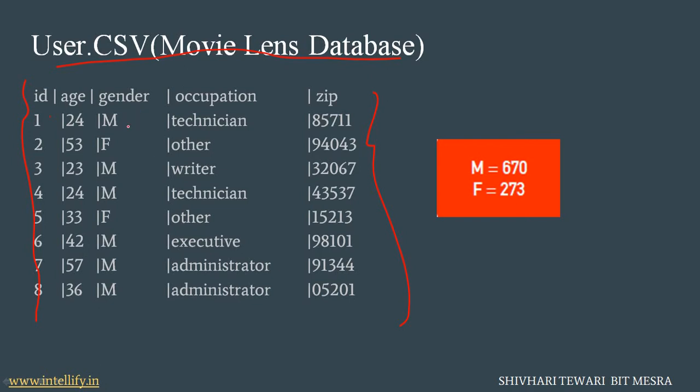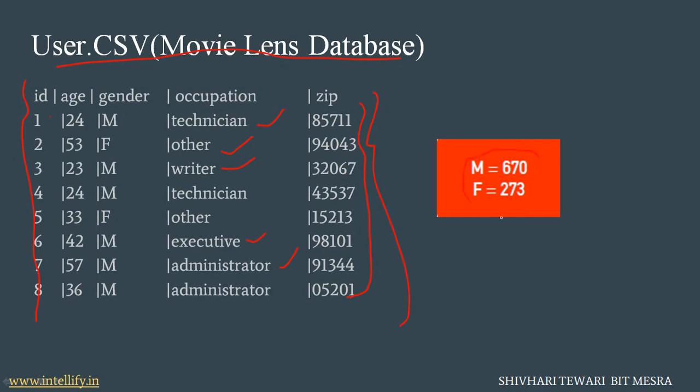Then their gender, male, female, and occupation: technician, other, writer, executive, administrator. And here are the zip codes belonging to the particular occupation, particular position.